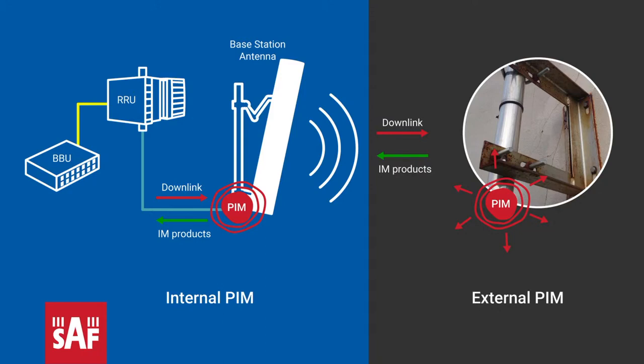Knowing all that, how would you correct it? Knowing these details is one of the most important aspects of designing a site correctly or correcting the issue as a whole, if your site has PIM. As far as internal PIM is concerned, you would need to establish where the problem or problems exist within the system. At the moment, there are several companies that offer products that can help you do this.